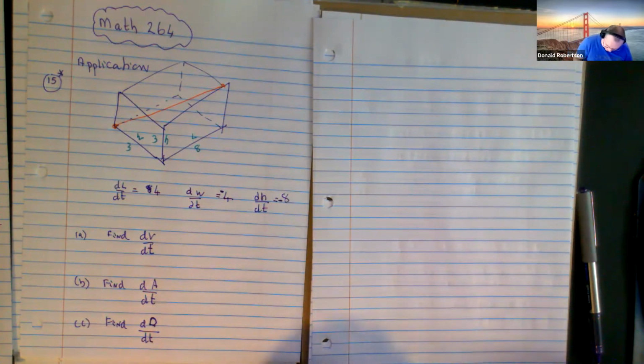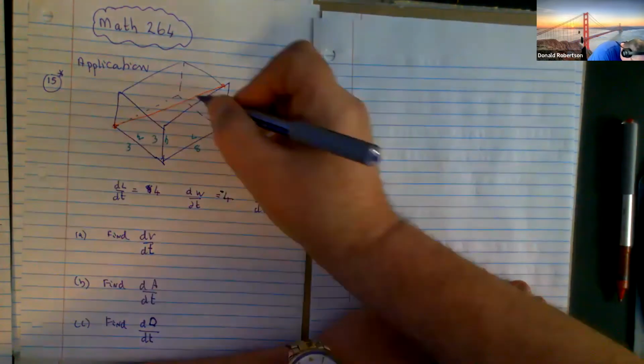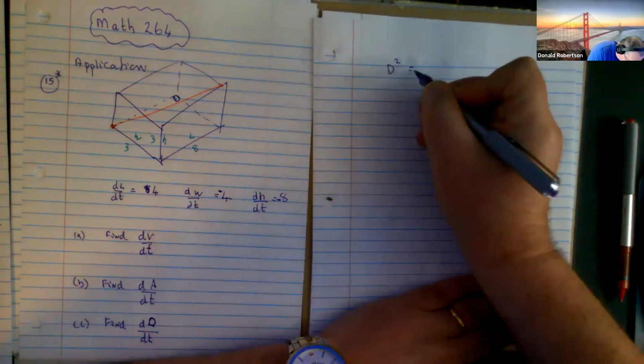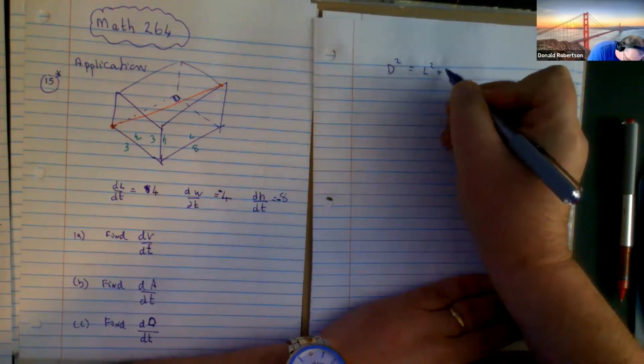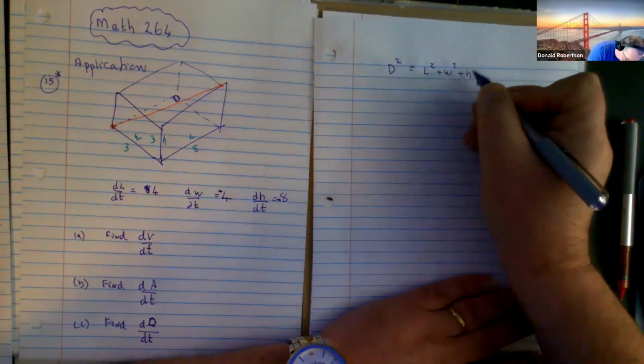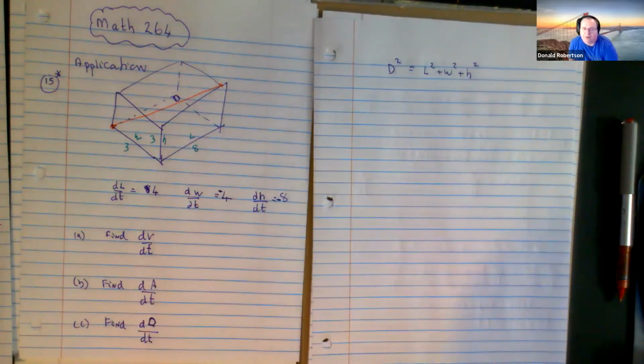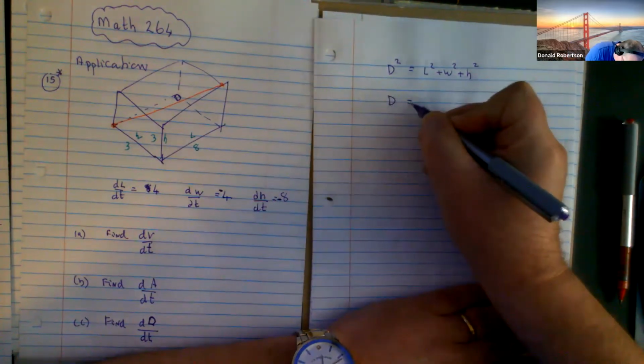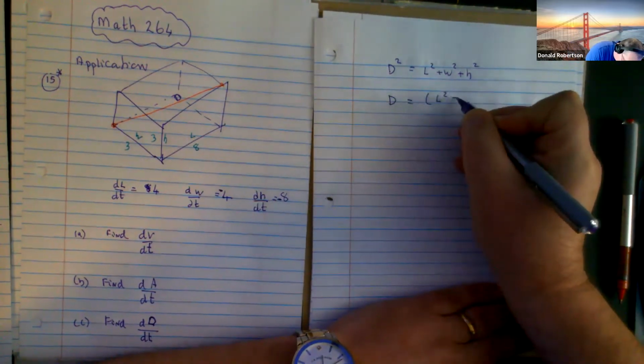And I'm going to tell you something just to make your life easy. I'm going to call that distance d, and d squared is length squared plus w squared plus h squared. Does that seem reasonable that the diagonal might be something simple like that? Right. So that diagonal squared, you can do it using Pythagoras twice, which means that d is going to be this guy.